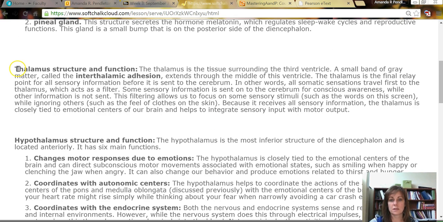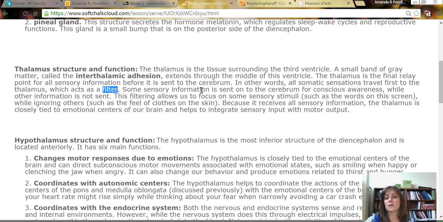If we keep going through and we look at some of the other functions here, one of the major functions of the thalamus is it's to receive sensory information. And so all somatic sensations, remind yourself of what somatic is. If you need to go back to chapter 12, do that. But all somatic sensations go first to the thalamus, and the thalamus is really going to act as a type of filter. Okay.